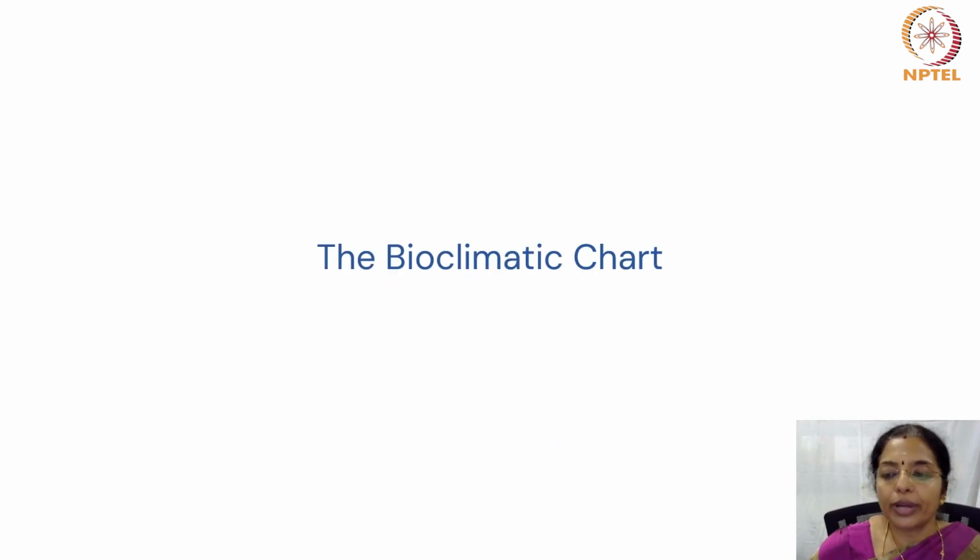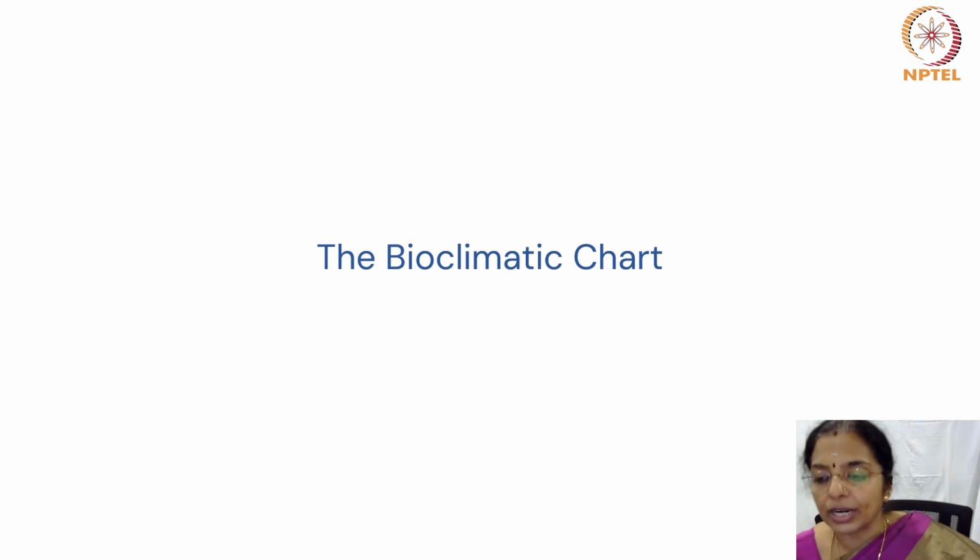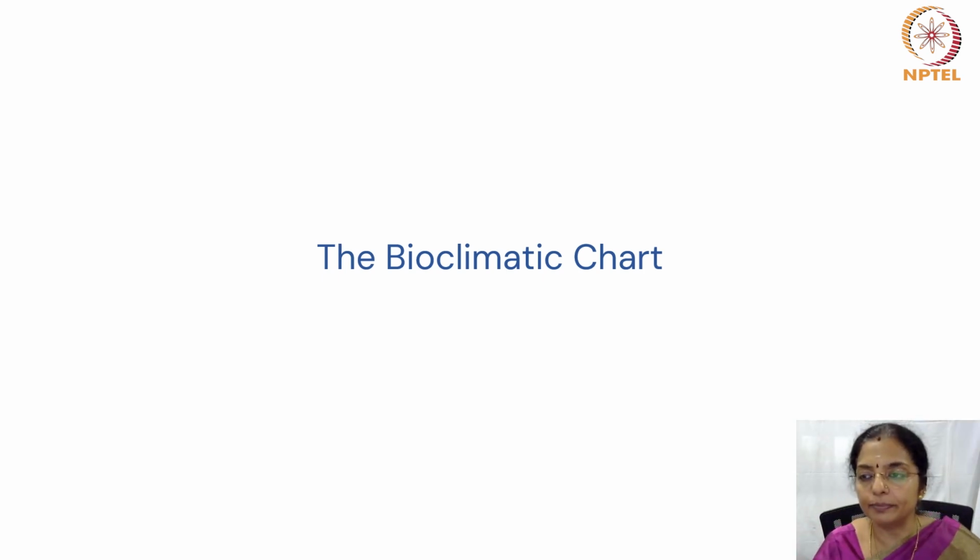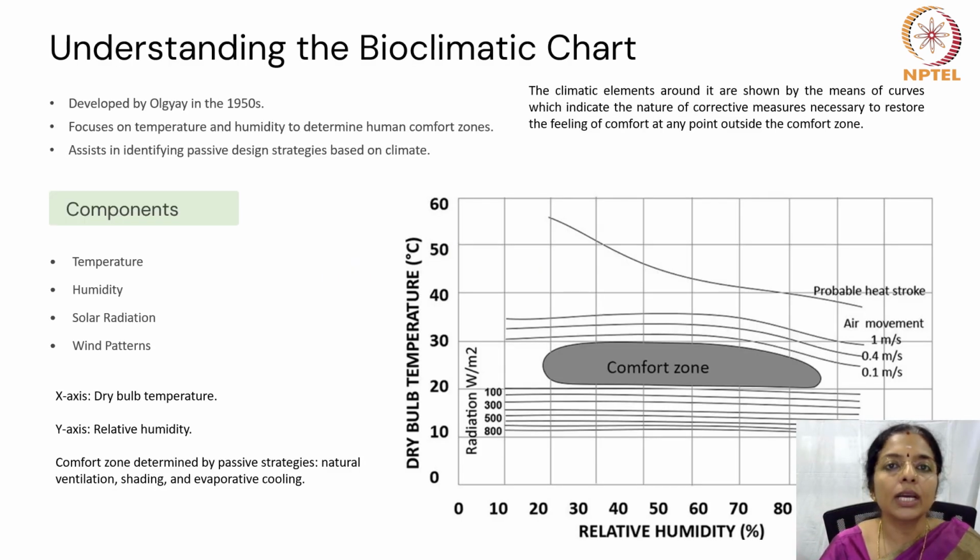Let us now look at what is a bioclimatic chart. So bioclimatic chart was developed by Olgyay in 1950. It focuses on temperature and humidity to determine human comfort zones.